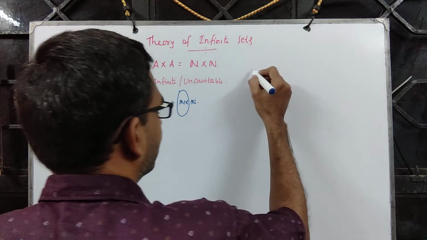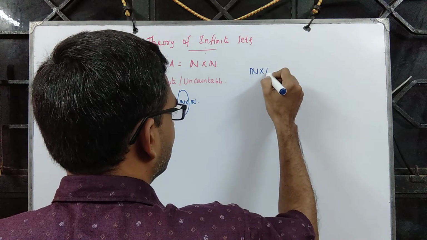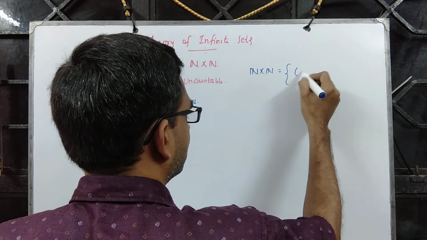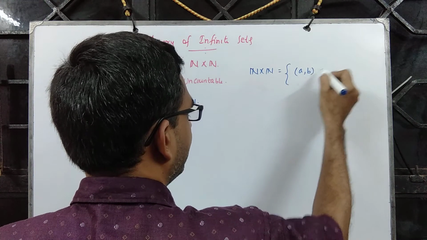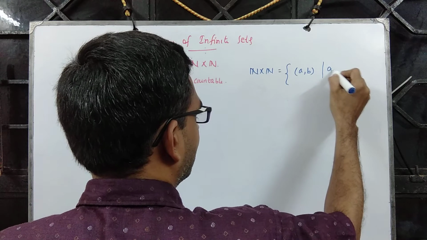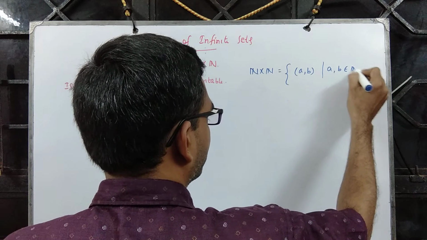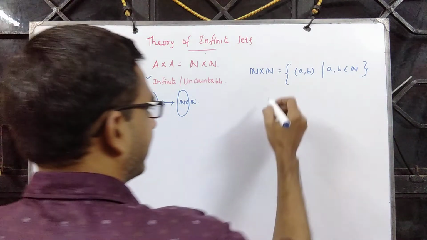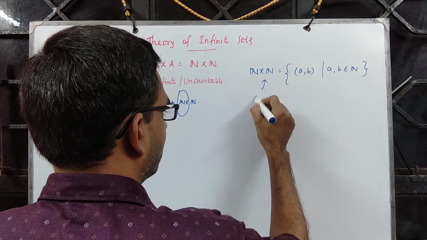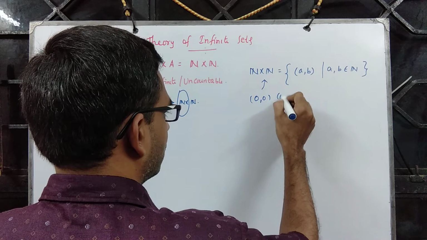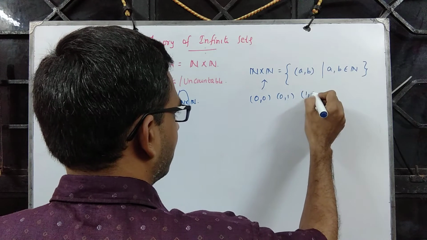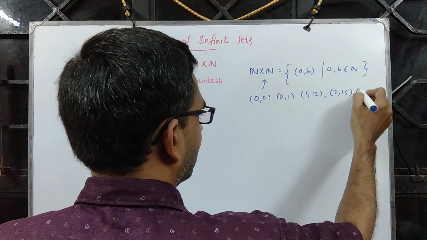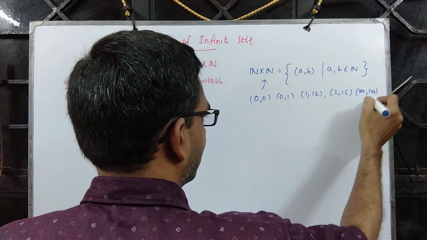So remember, N cross N consists of pairs. So you have (a, b) such that a, b belong to N. Correct? So something like you have got (0,0), (0,1), (1,12), (2,15), (100,120), and things like that.